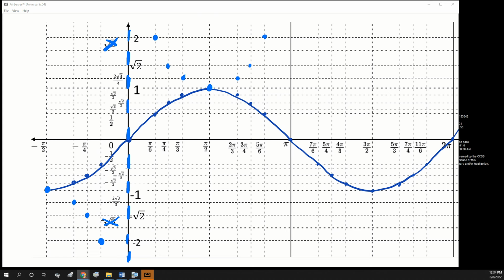Keep going. Anywhere there's an x-intercept, draw the vertical asymptote.